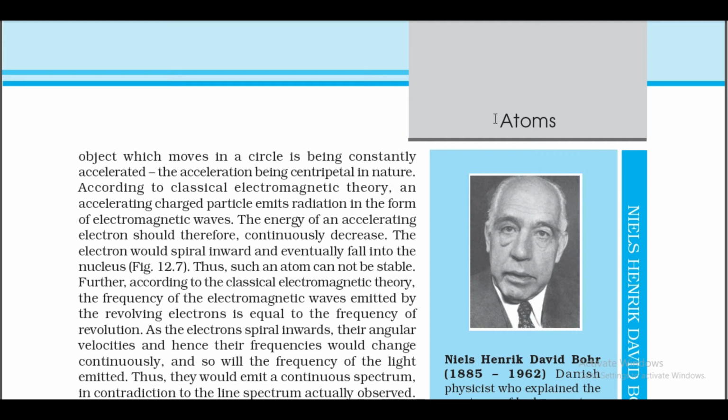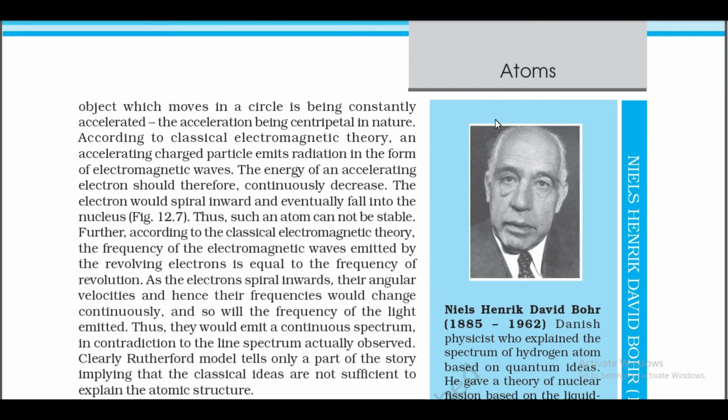Further, according to the classical electromagnetic theory, the frequency of the electromagnetic waves emitted by the revolving electrons is equal to the frequency of the revolution. As the electrons spiral inwards, their angular velocities and hence their frequencies would change continuously, and so will the frequency of the light emitted.